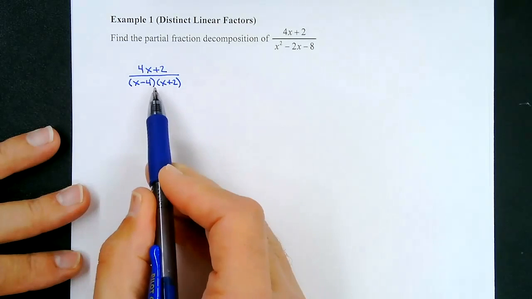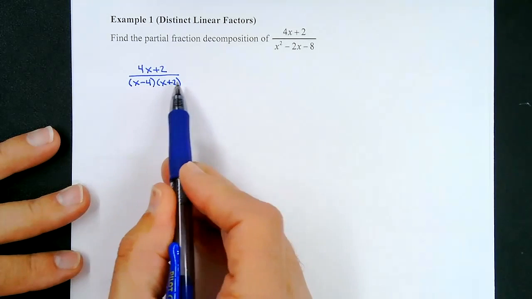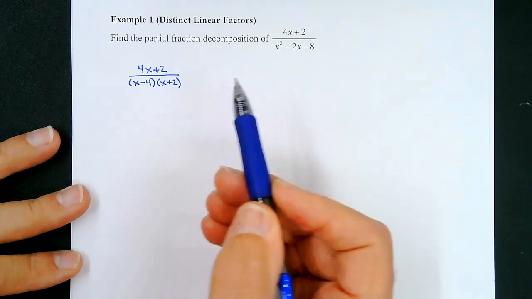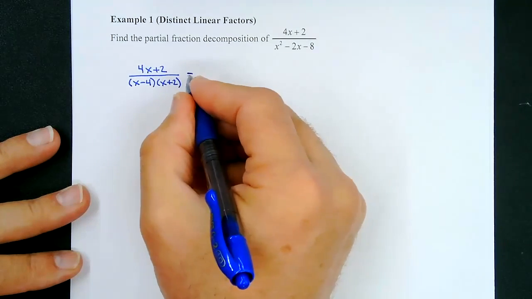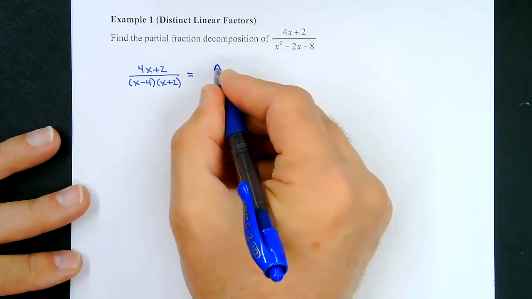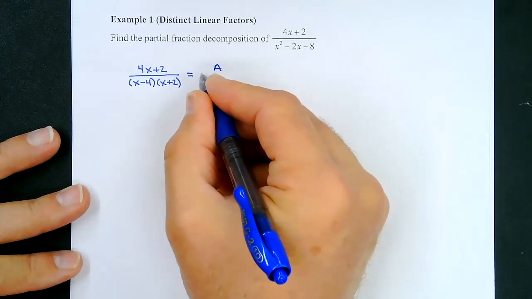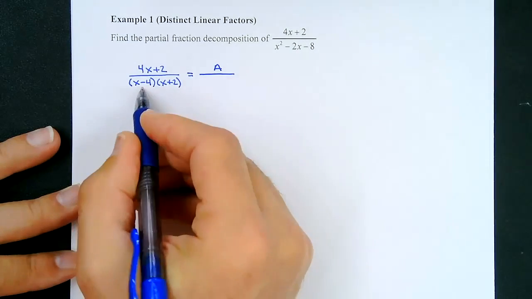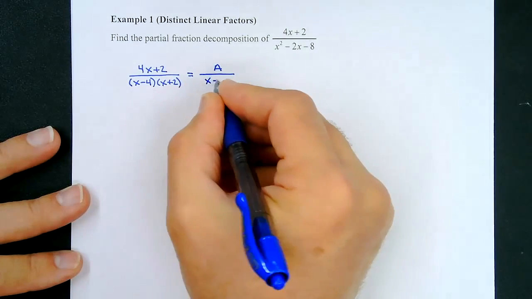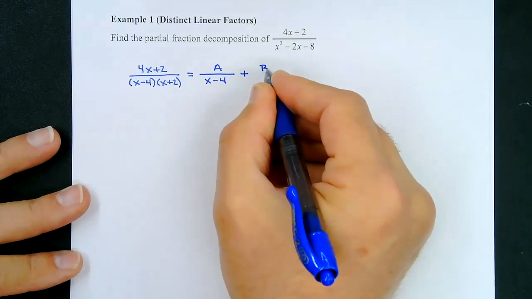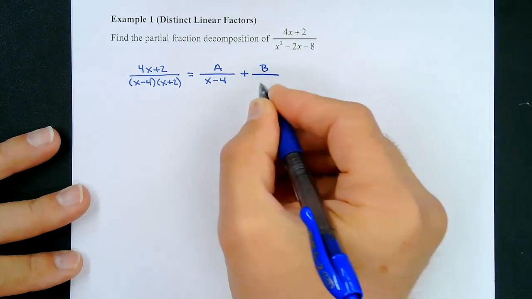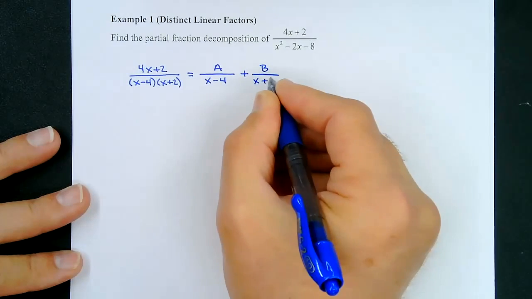And what this gives us is our individual denominators for our two fractions that we're going to either add or subtract. So we're going to rewrite this as, because we don't know what the numerator is yet, we're going to call it A, over x minus 4, and then plus B, we're going to call this numerator B, over x plus 2.